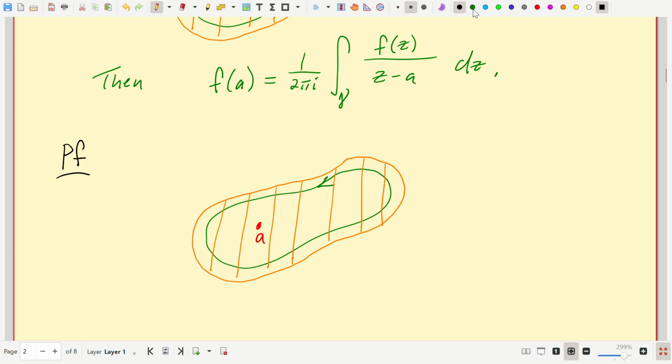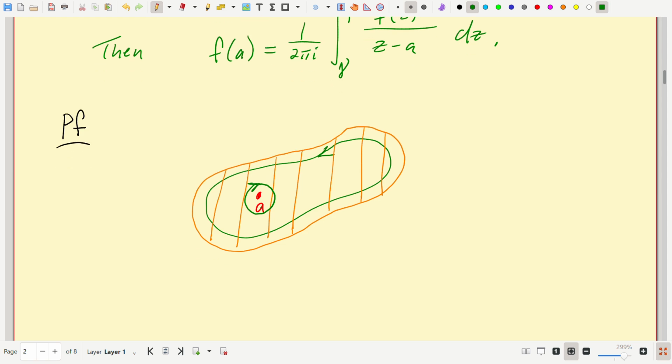I guess I might as well make it green. And I'm going to make it go clockwise. The idea is I'm going to use the Cauchy theorem to split this thing into two pieces. I'll have a cut here and a cut here. I don't like that cut. How about this cut?